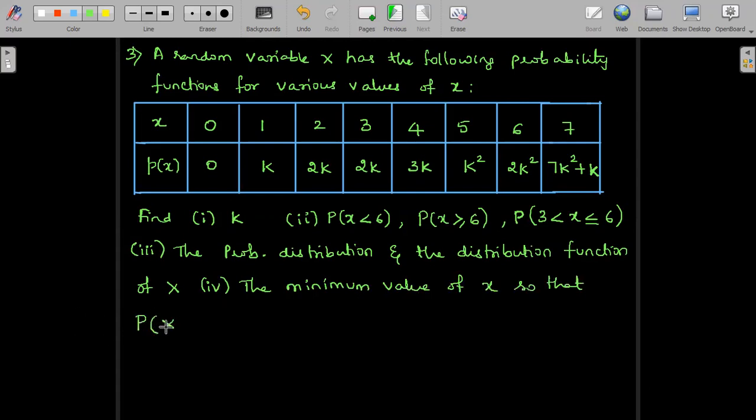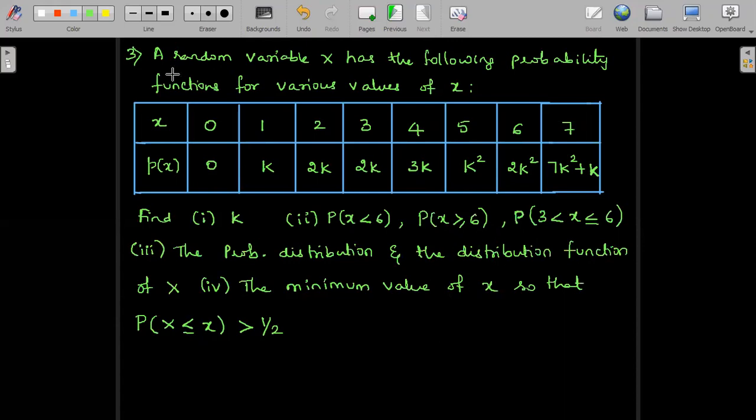Probability of capital X, the random variable, less than or equal to each value of x should be greater than half. A condition is given to find out the value of x. So let us see how to do all these different categories of problems.